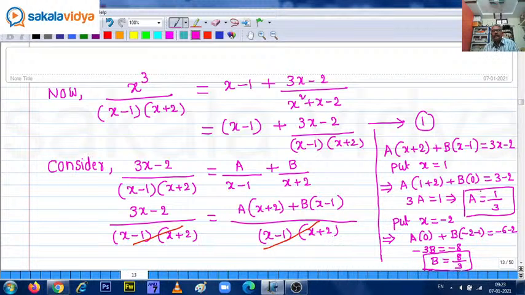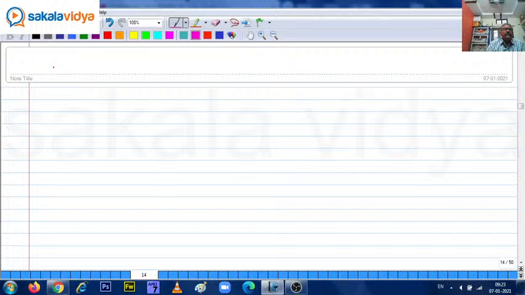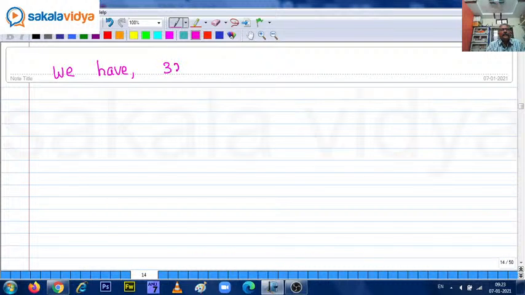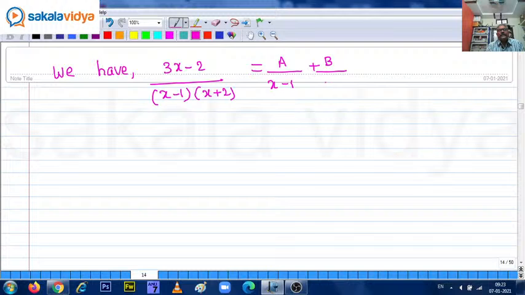Now we know A value and B value. So we have 3x minus 2 by x minus 1 into x plus 2 equals a upon x minus 1 plus b upon x plus 2.